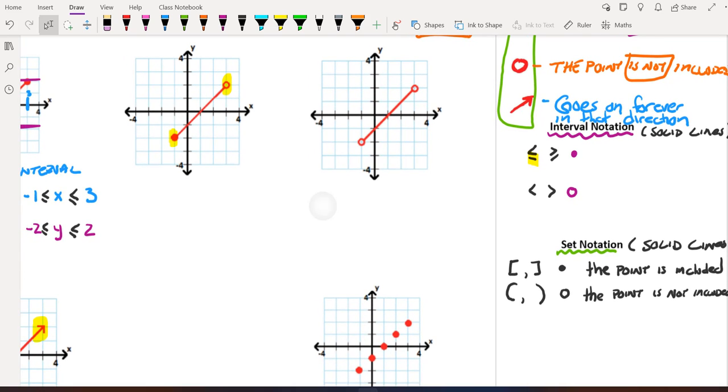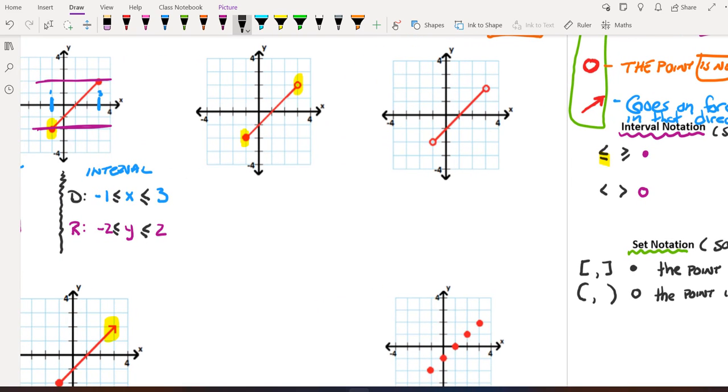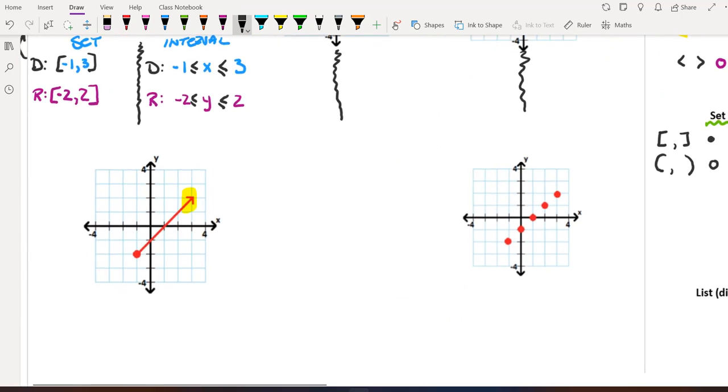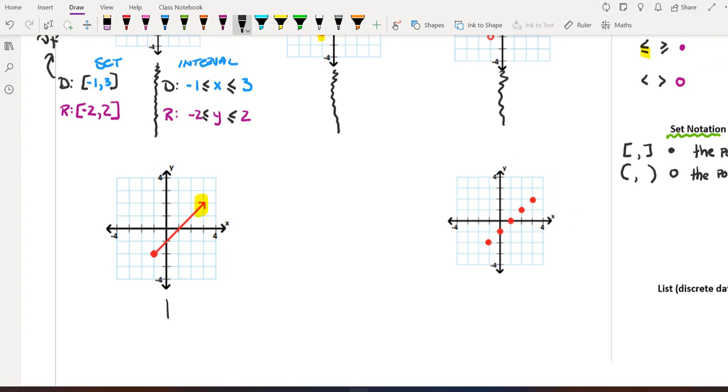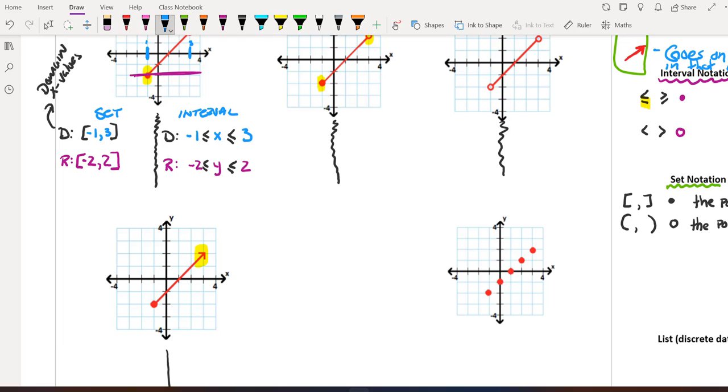So over here, let's just go under this graph, divide this space in half, so you have room to write down both notations, but we are only going to talk about set notation to begin with. So write the words set up here and interval.